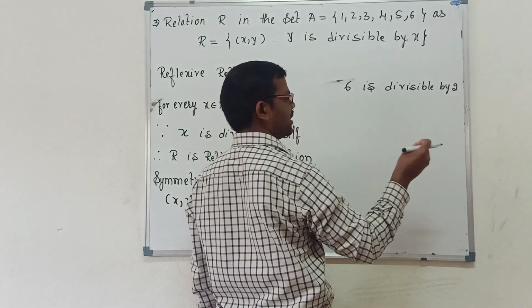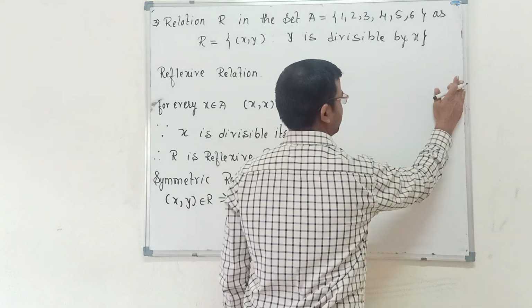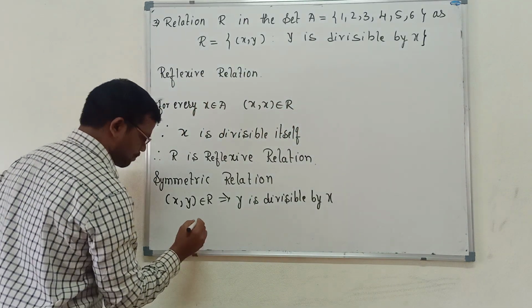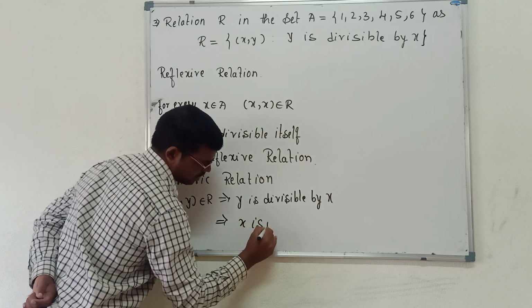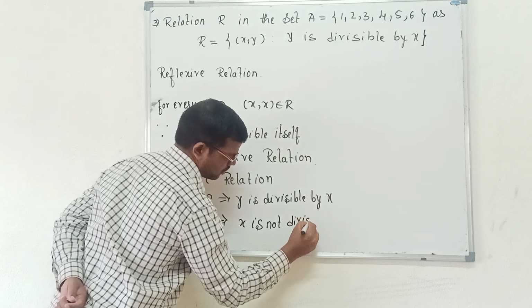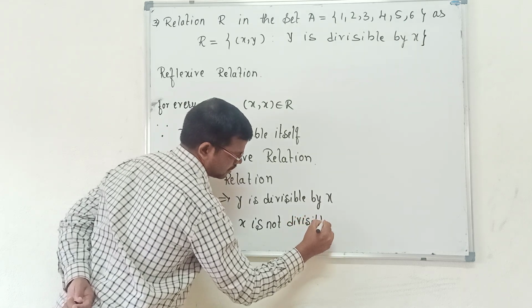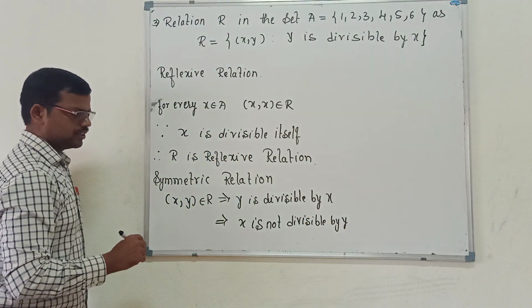We cannot say that 2 is divisible by 6. So it implies that x is not divisible by y.